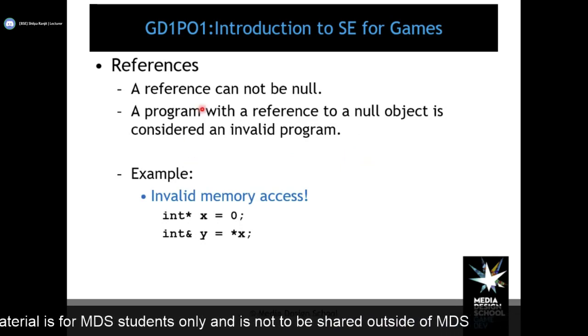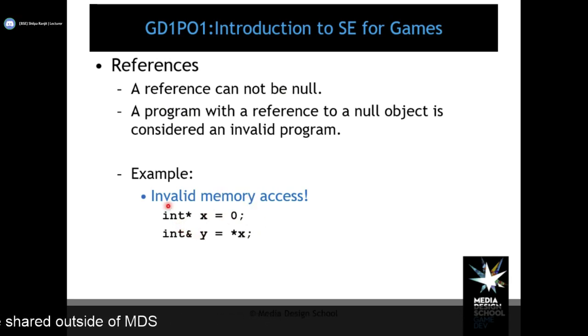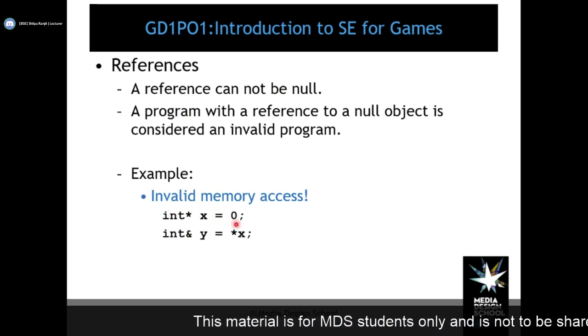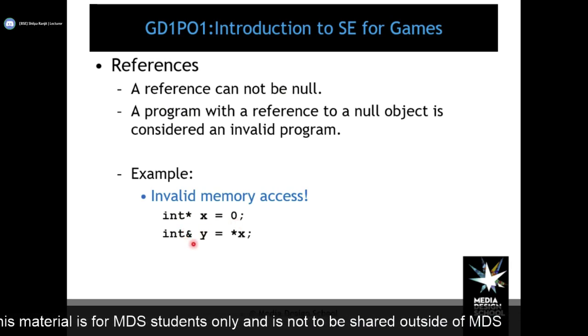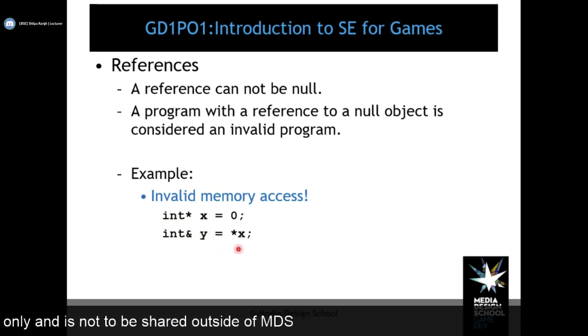So one of the rules is the reference cannot be null. So never attempt something like, say, a pointer which is initialized to 0. If you remember, any pointer that's declared has to be initialized to 0 so that it does not point to any random memory location and try to edit that. So if I try to declare a reference variable using the declaration int reference y is equal to asterisk x, what does asterisk x mean?